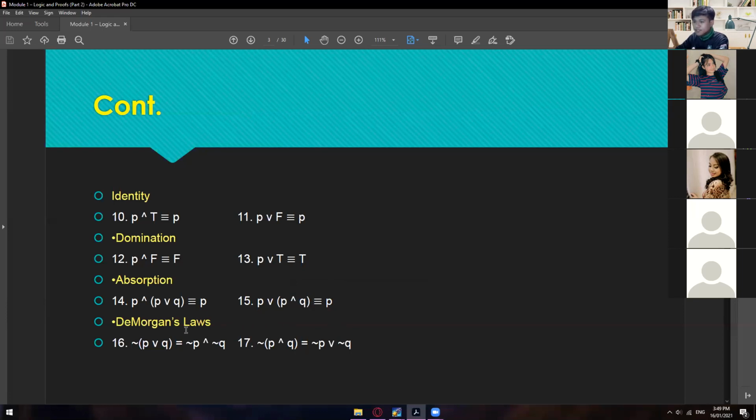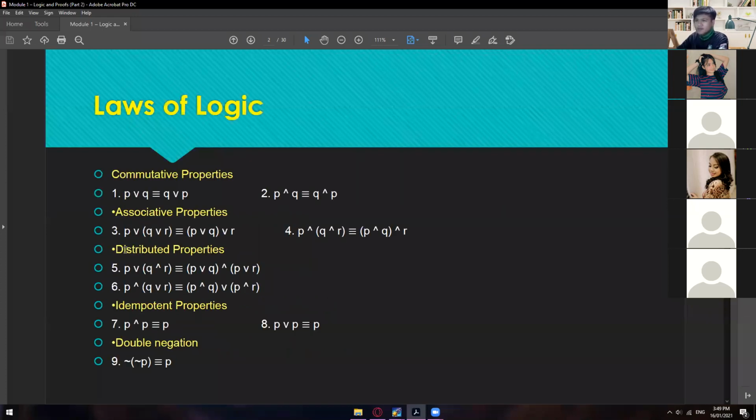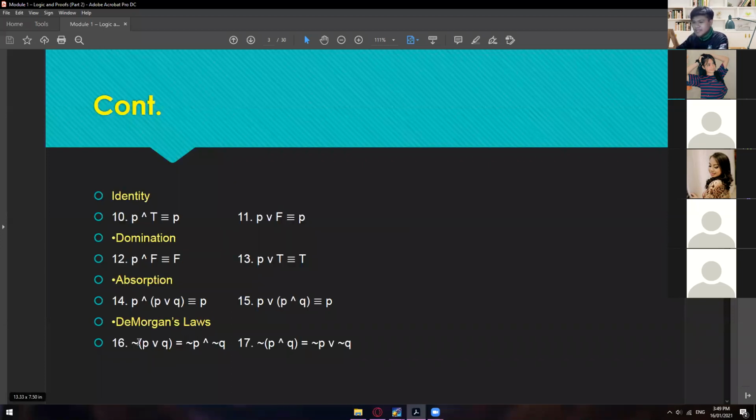And then for De Morgan's law, this one is like negating the entire statement. Basically, if you negate this one, it's like the distributive law, distributing this negative sign inside the parentheses. Negative times P becomes negated P, and negative times AND will become OR.